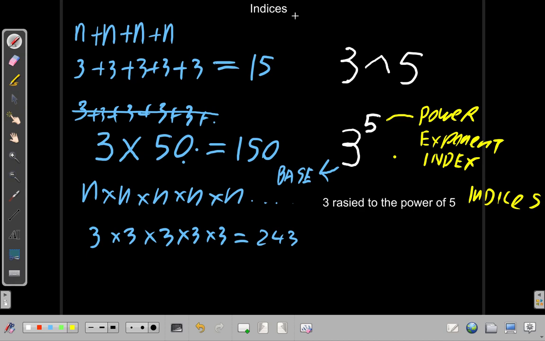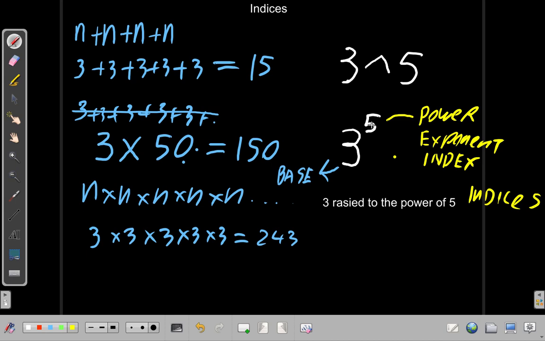So basically, the base is the number that you keep repeating in the multiplication. The index shows how many of that number you have in the multiplication. And in English you say it is 3 raised to the power of 5.